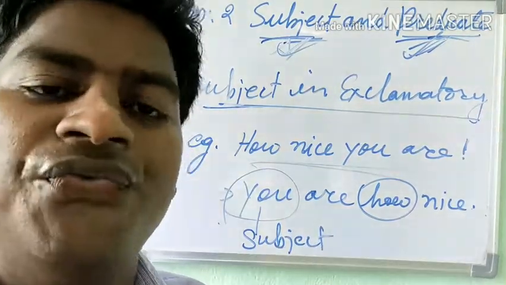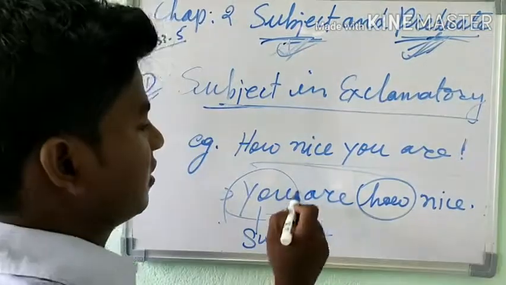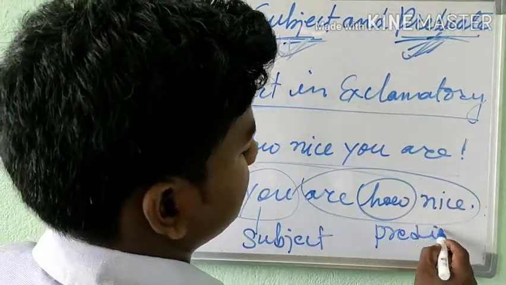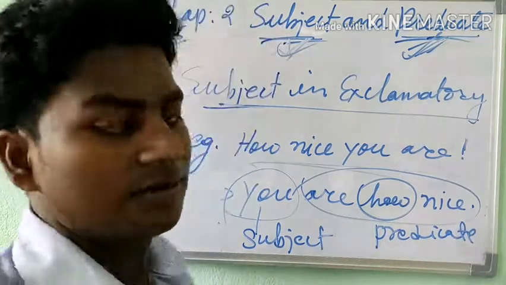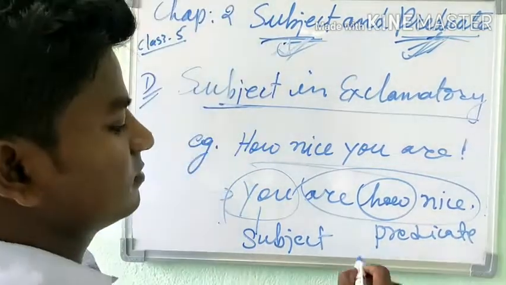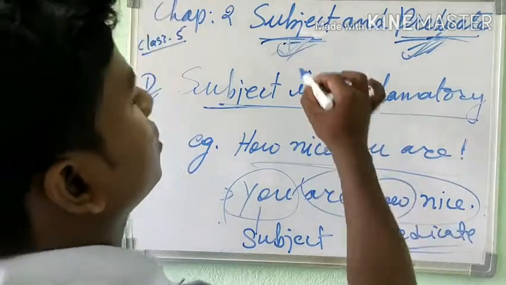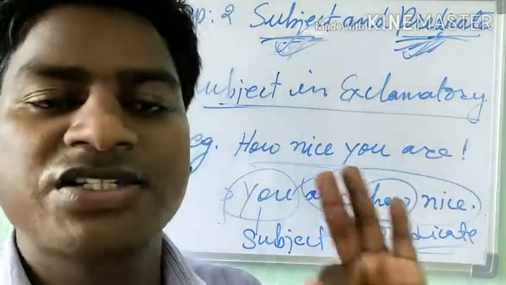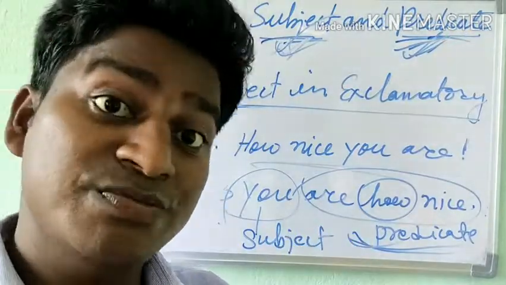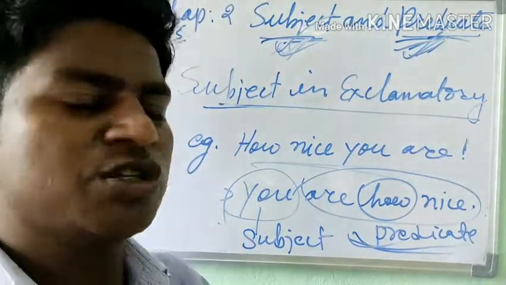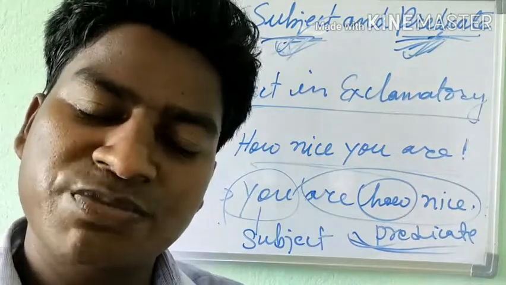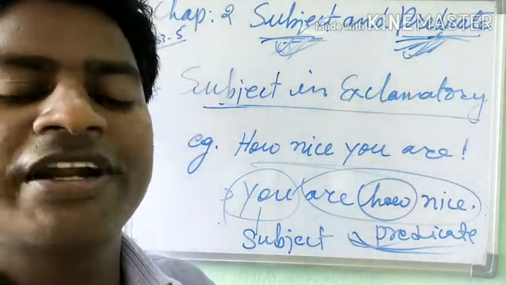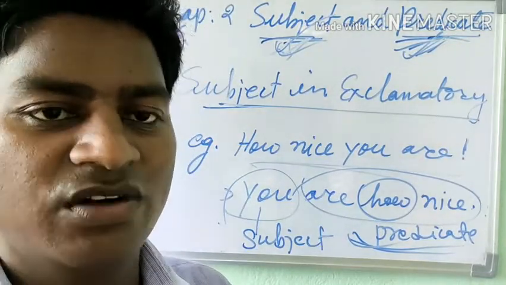And once you have found the subject, the rest of the parts are predicate. So in a sentence we have just two parts we are learning now, and they are subject and predicate. Now which part is subject, which part is predicate, we have learned it, and how to find out them very clearly we have learned it.